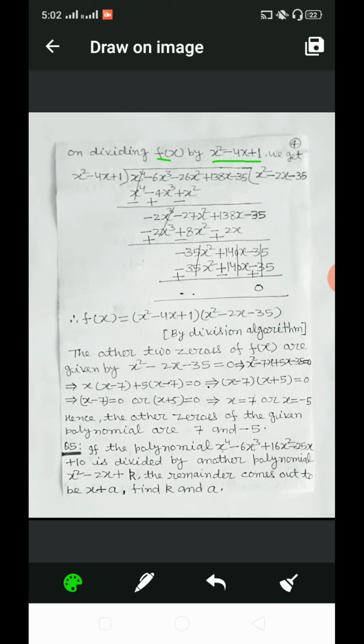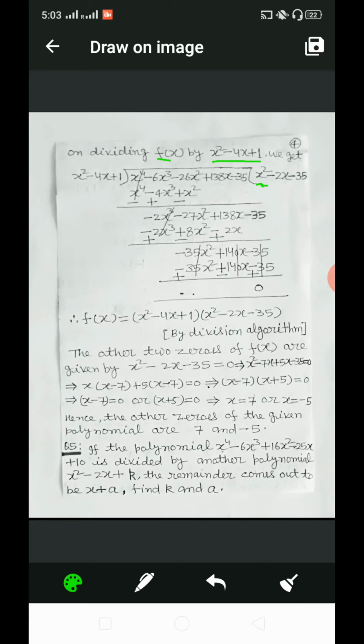Here the first term is x to power 4, so on the basis of that we take the first term of quotient as x square and it is multiplied by x square minus 4x plus 1. We get x to power 4 minus 4x cube plus x square. After changing the sign of these terms, we get minus x to power 4 plus 4x cube minus x square, and after solving we get minus 2x cube minus 27x square plus 138x minus 35.